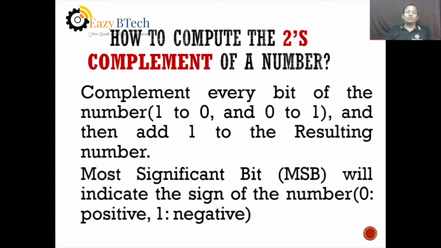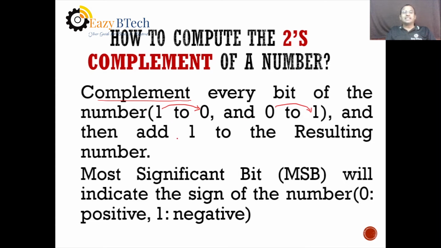First we have to convert ones to zeros and zeros to ones. So we have to complement every bit. Changing a number from 1 to 0 and 0 to 1 is known as complement. It is the same as one's complement.